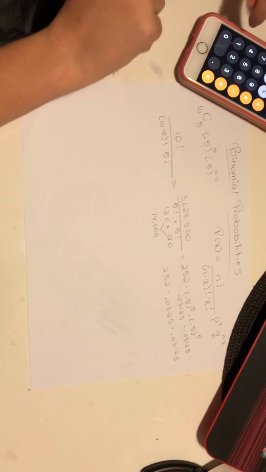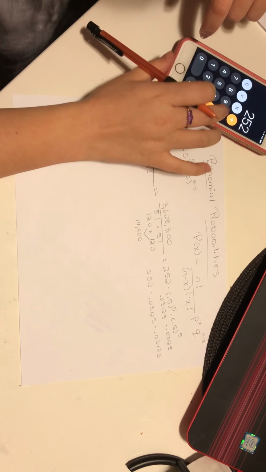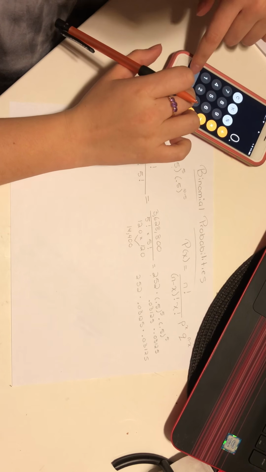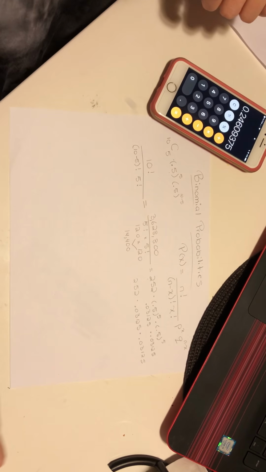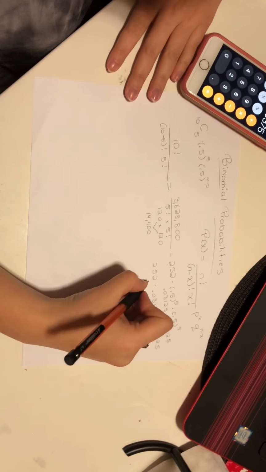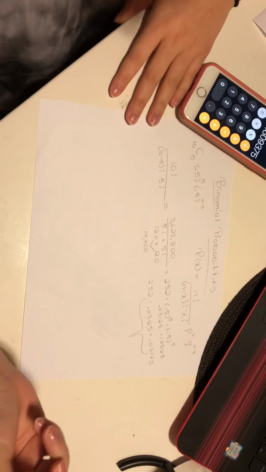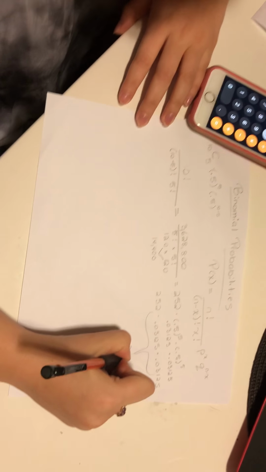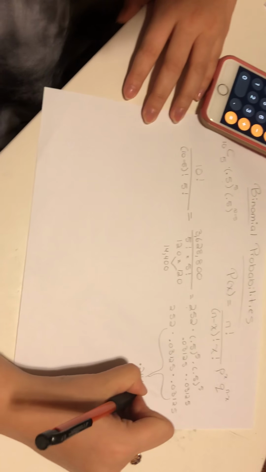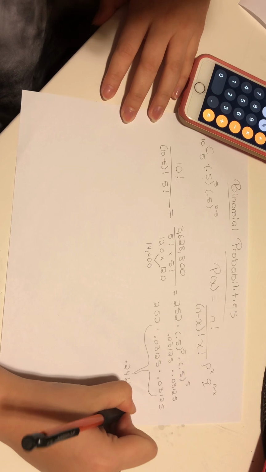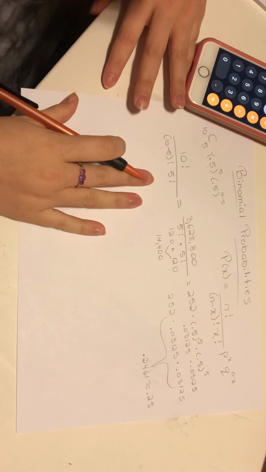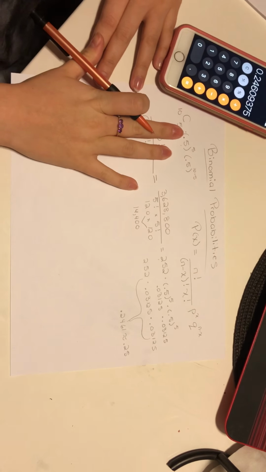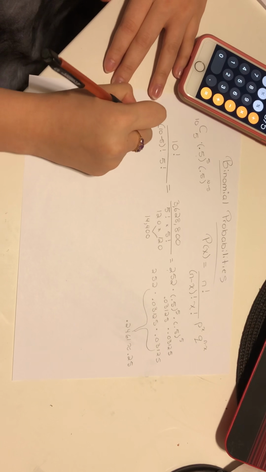Now we're going to multiply it back here in the calculator again. 252 times 0.03125 times 0.03125 will all equal 0.2461. We can round that up to approximately 0.25, which would mean that our chance of getting heads 5 times is 25%.